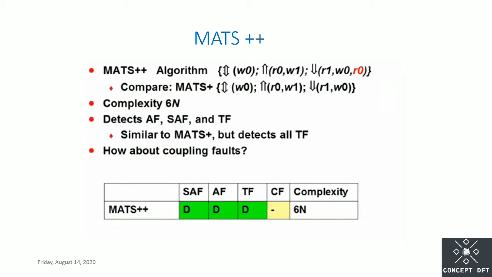The complexity of MATS plus plus is 6n. MATS plus detects address faults, circuit faults, and transition faults. MATS plus plus is similar to MATS plus, but it will detect all transition faults.